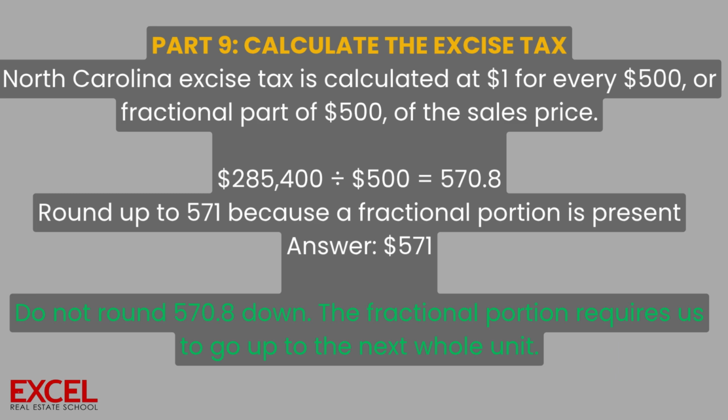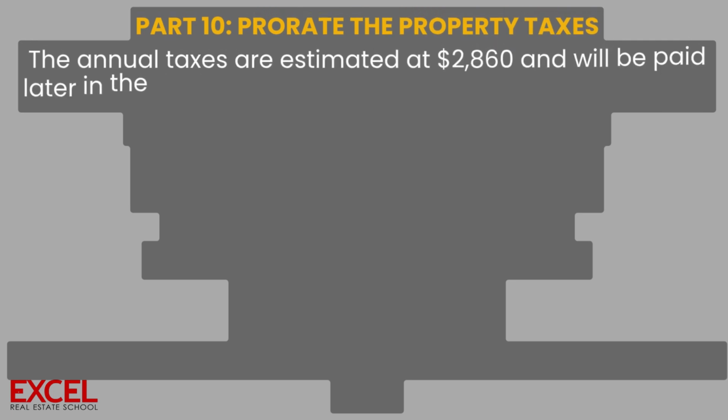We're going to round that up to $571 because a fractional portion is present. Don't round 570.8 down. The fractional portion requires us to round up to the next whole unit, to the next whole dollar.